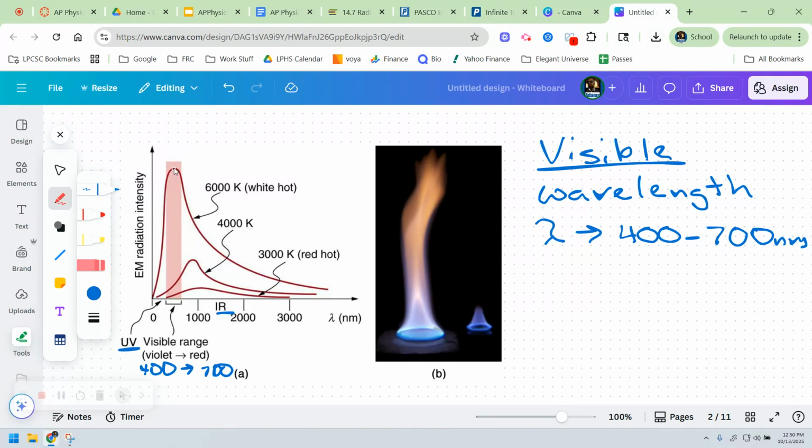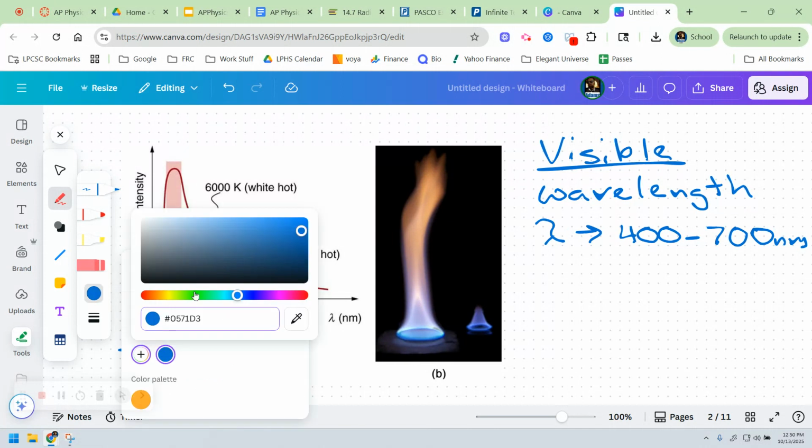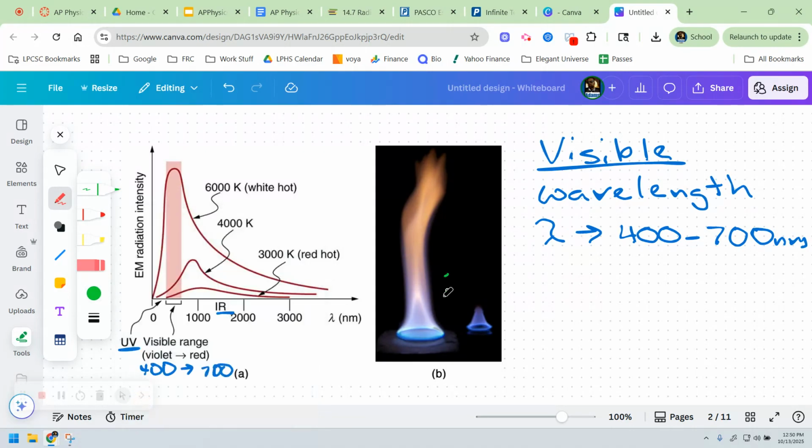But basically, the intensity is based on the color. So here we have white, and let me change this to a different color. The different colors in a flame really represent the energy and also the wavelength.